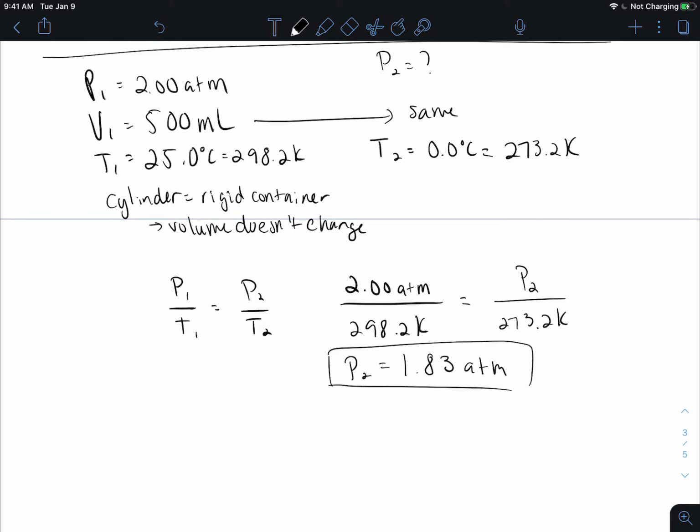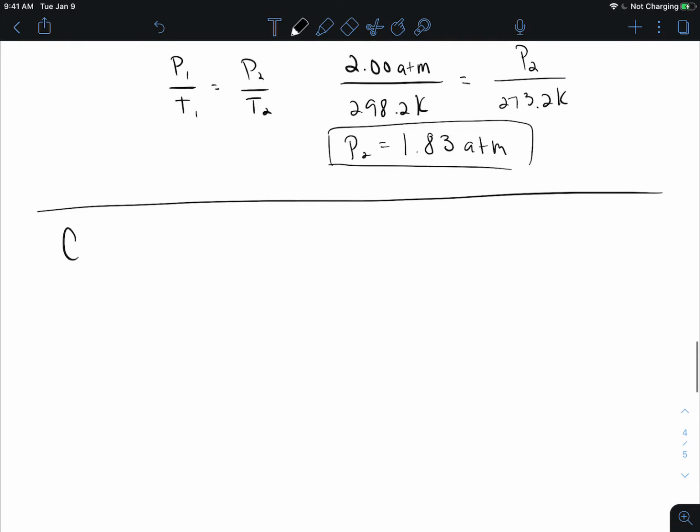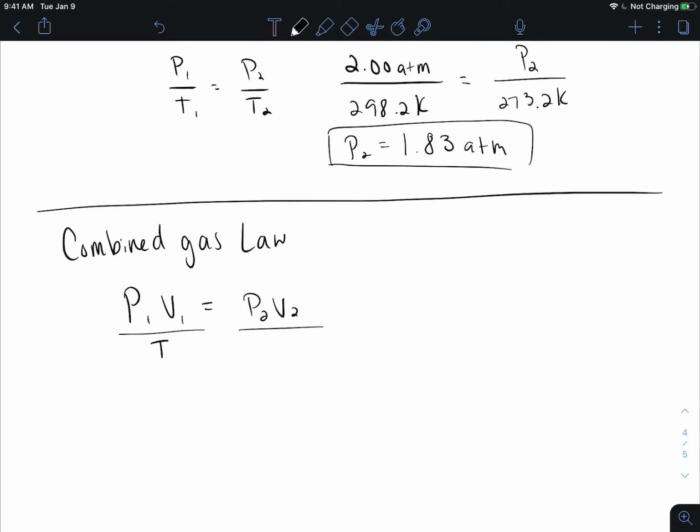Okay, we can take all the laws we've just looked at and get what's called the combined gas law, which combines all of our gas laws. So we first have our Boyle's law added in here. And then we want to combine our Charles's law in here, so we divide by temperature. And that also includes our Gay-Lussac's law.